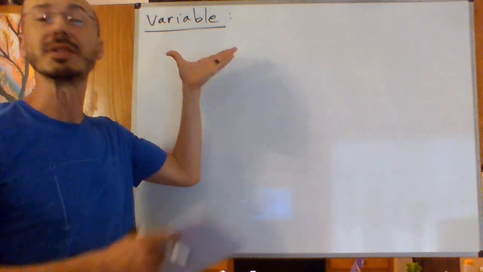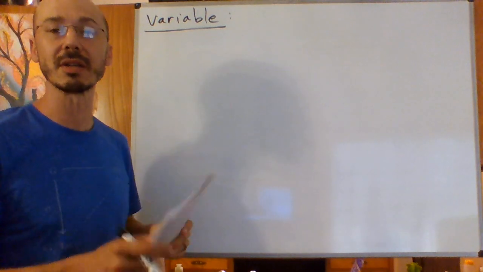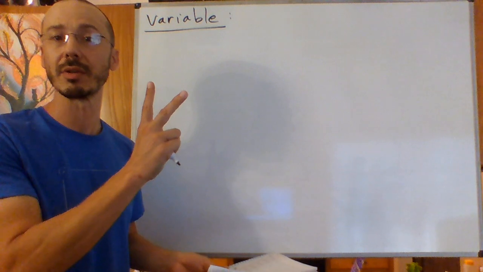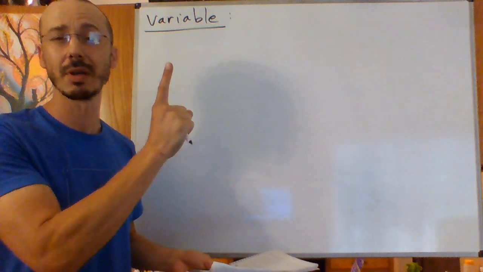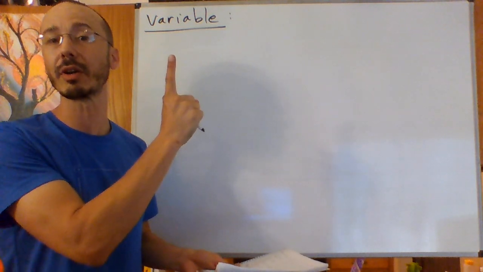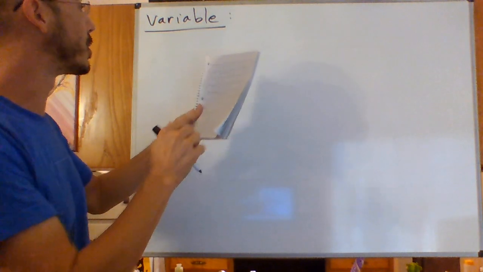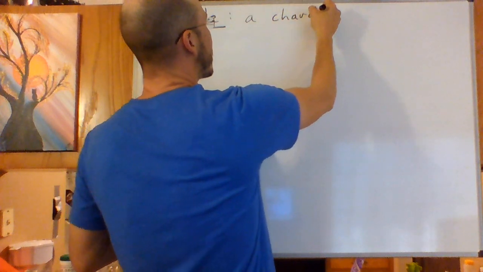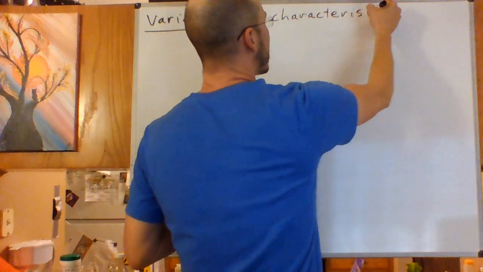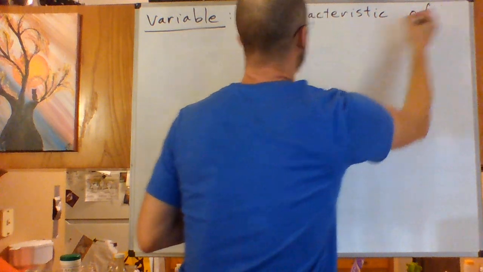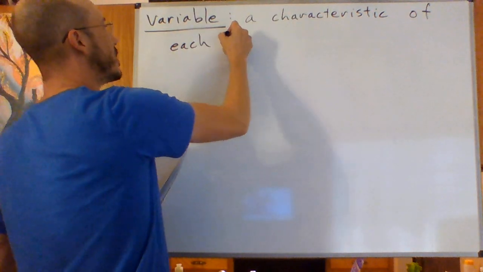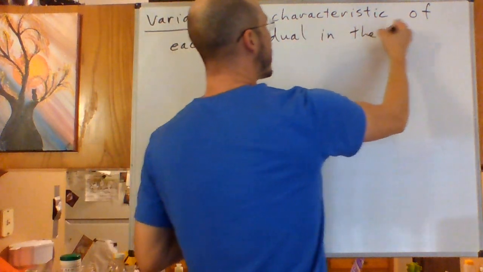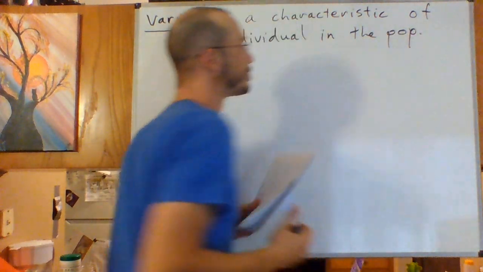The variable, sometimes the x and y variable, and there is one unit in this course where we're going to study two variable situations, but almost all the time we'll be studying single variable. Variable is a characteristic of each individual in the population.